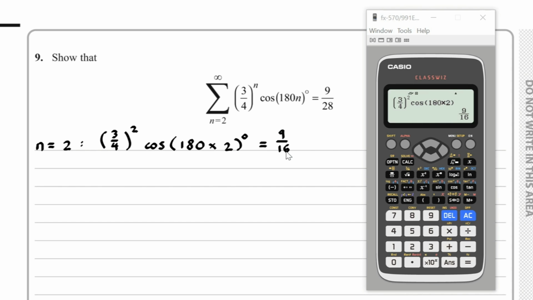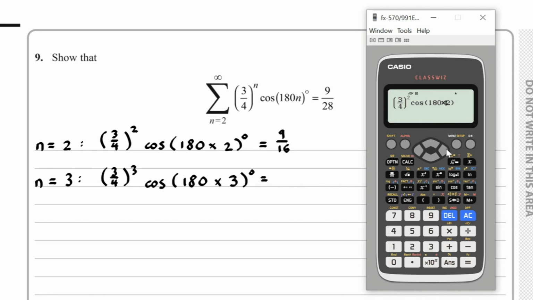So the next term, when n equals 3, we have 3 over 4 to the power of 3 times by the cosine of 180 times by 3 degrees. And if we work this out, we get minus 27 over 64.